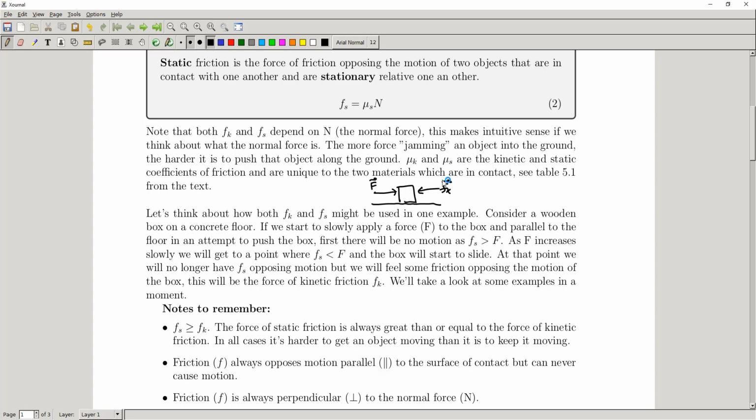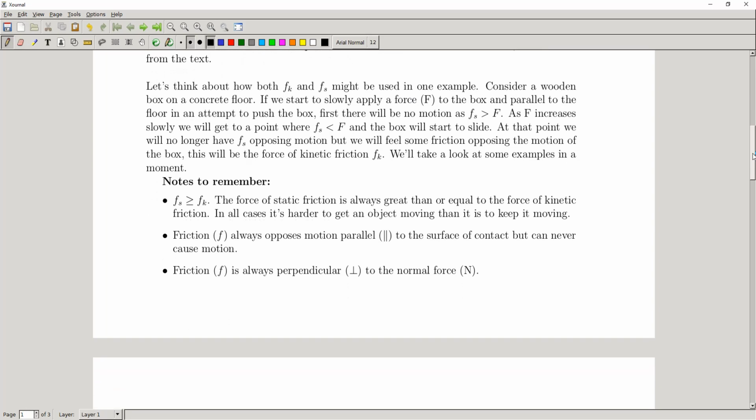Just a couple of quick notes before we move on to the problems, and I'll probably erase this little scribble here. The first note is that the force of static friction is always going to be greater than or potentially equal to the force of kinetic friction, right? So what this is telling us is that it's always more difficult to get an object moving than it is to keep it moving.